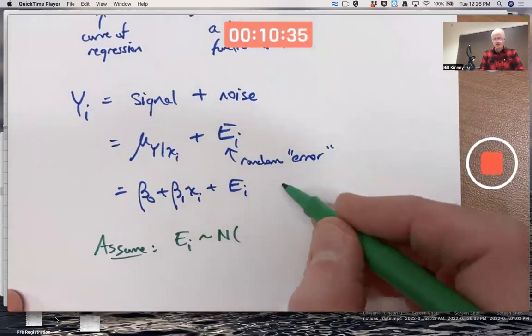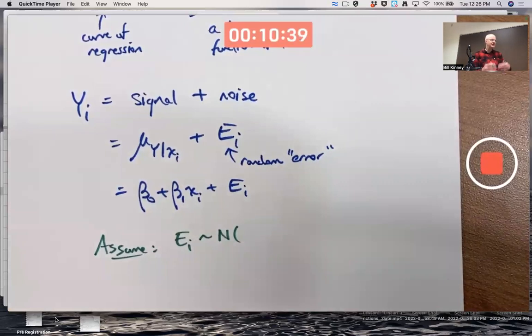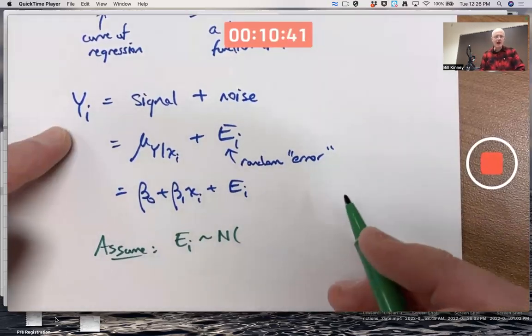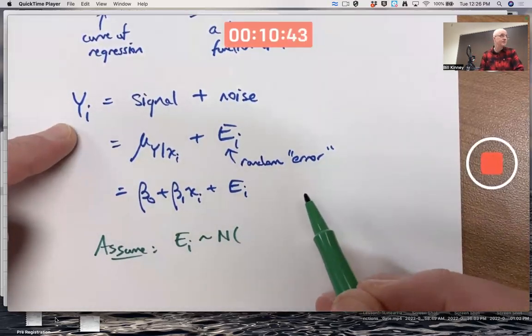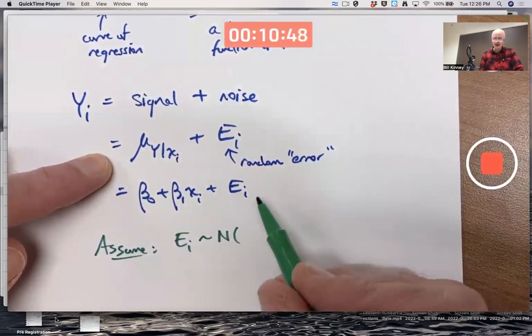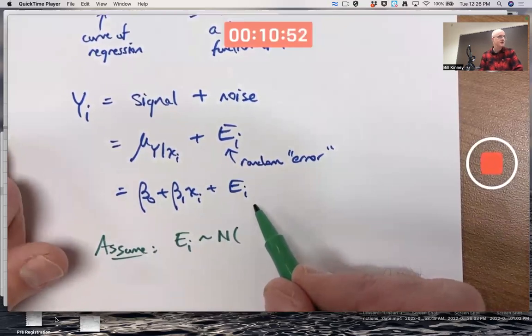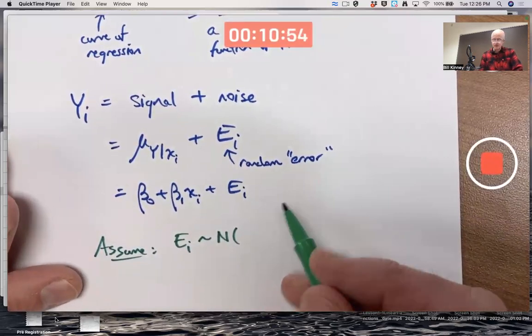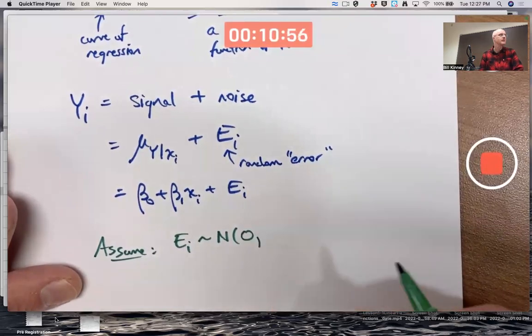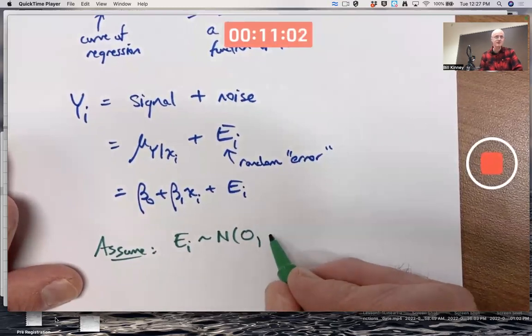These are errors. Intuitively, you imagine errors could be positive or negative. The Y values could be sometimes above their mean, sometimes below their mean, and that would imply these errors are sometimes positive and sometimes negative. Seems reasonable to assume their mean is 0. But they're going to have some variability. How do you measure the variability? Well, with some sort of variance. Call it sigma squared.